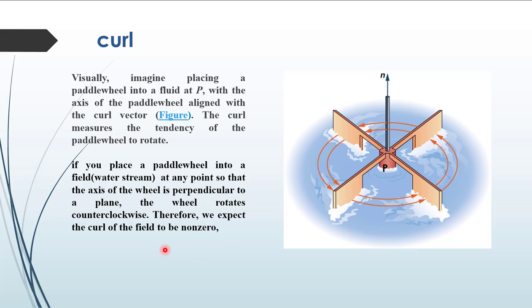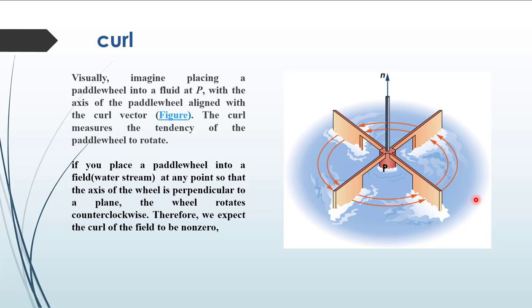So if we place a paddle wheel into the water stream at any point so that the axis of the wheel is perpendicular to the plane of water, and the wheel rotates counterclockwise, then we expect that there is a curl of the field and it is non-zero.